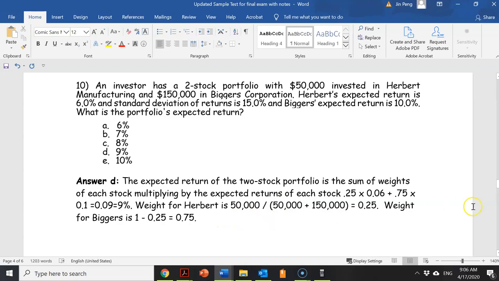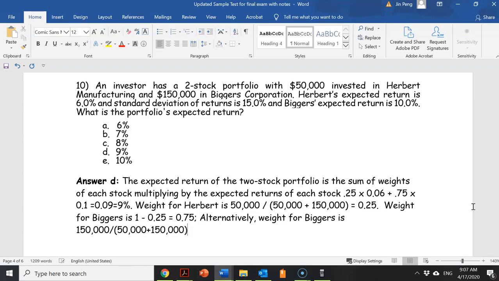Okay, alternatively, the weight for Biggers is the amount of money we invest, 150,000 in Biggers, divided by the total capital, which is 50,000 plus 150,000.